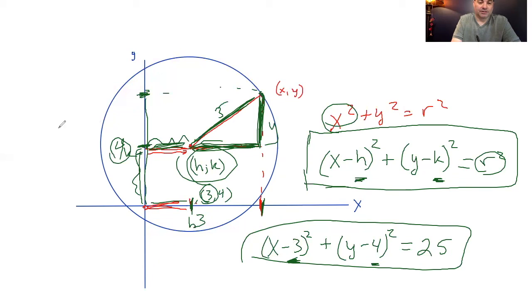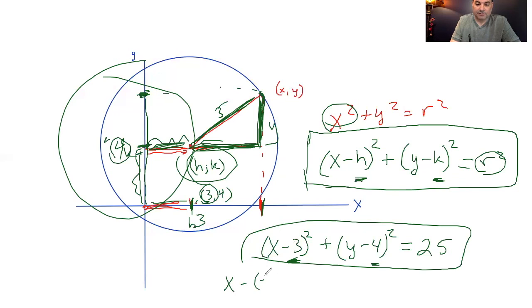For instance, if my center was at negative 3, it'll be x minus negative 3, which is x plus 3. See how that works? Whatever you see inside there, the opposite of that is where the center of your circle is.